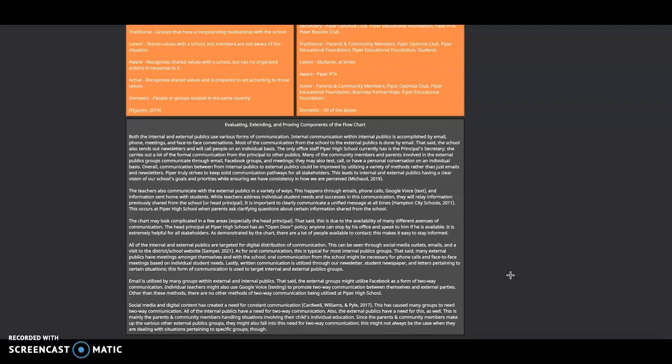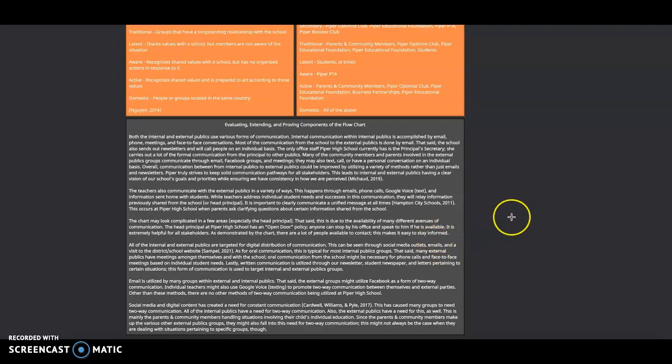And I know once sounds like a small amount, but one conversation can really build that relationship that you have with families in the community. And so I think if the school has a strong, solid communication pathway for all stakeholders, it's going to lead to everyone having a clear vision of our goals and priorities, while also providing consistency with how we're perceived from the public.